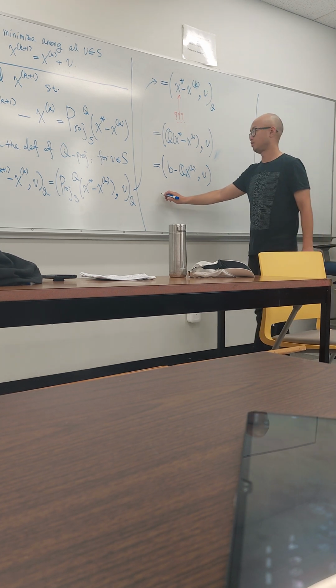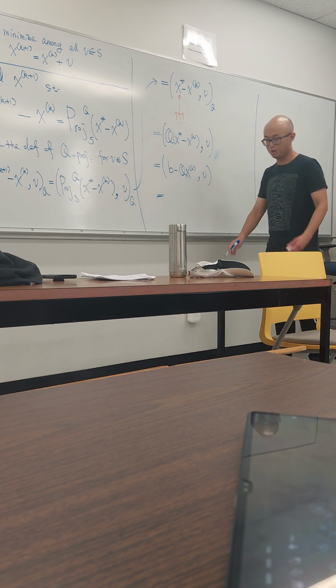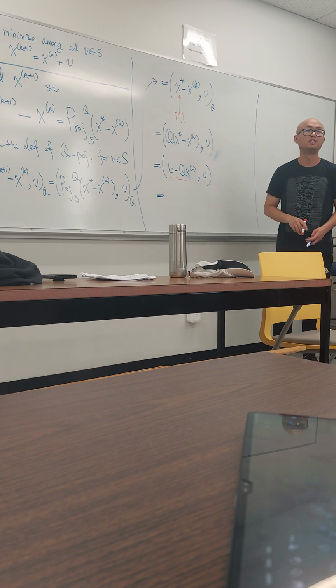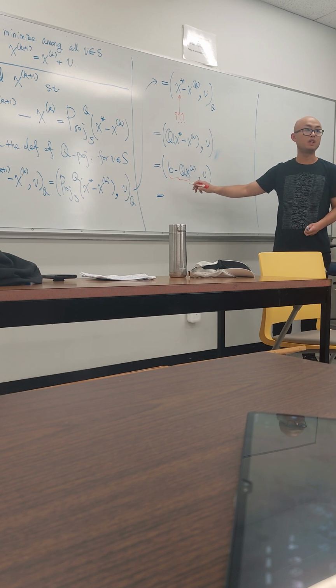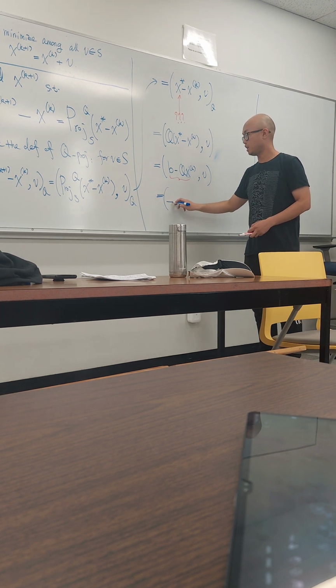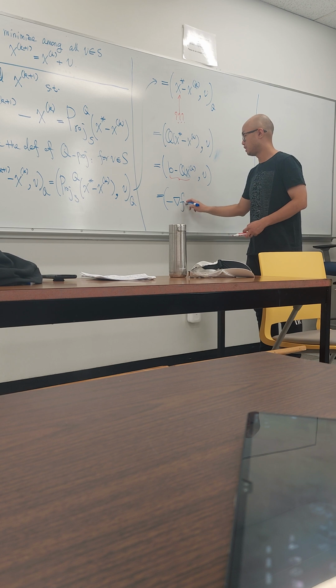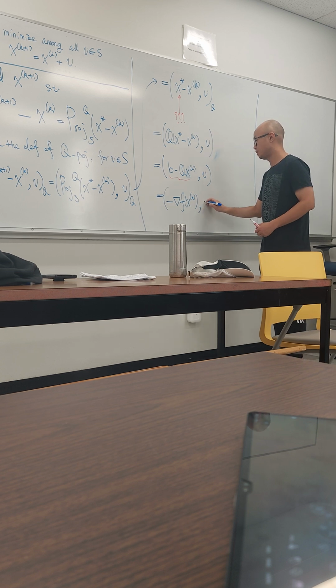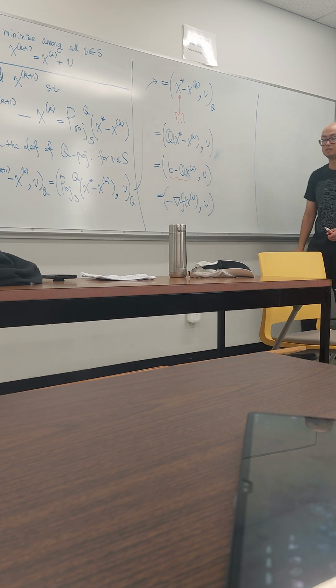Now, what is this? This is a residual. This is also the negative gradient at the kth iteration.